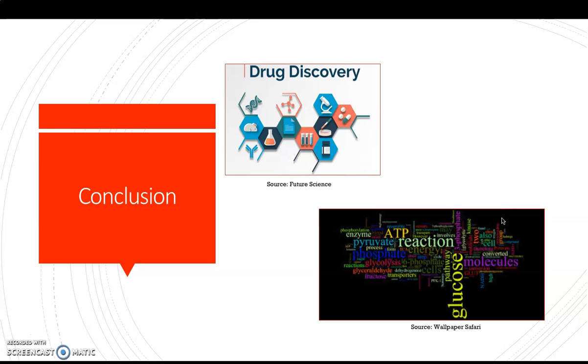So before this project, I had no idea about computer-aided drug design. But now that I've learned a little about it, I started to think about the benefits versus limitations of using technology for drug discovery, especially since it's not a widely accepted method.